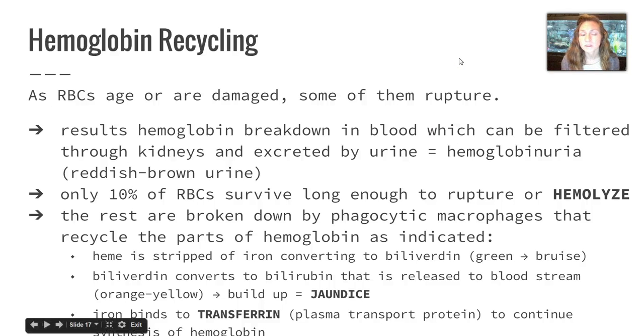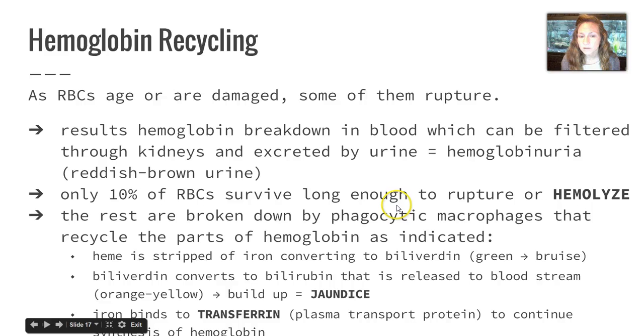Now, we can also recycle our hemoglobin, and as red blood cells age or are damaged, some of them rupture. And so this results in hemoglobin breakdown in the blood, which can be filtered through the kidneys and excreted in the urine, which would be called hemoglobinuria, and gives you a reddish-brown urine.